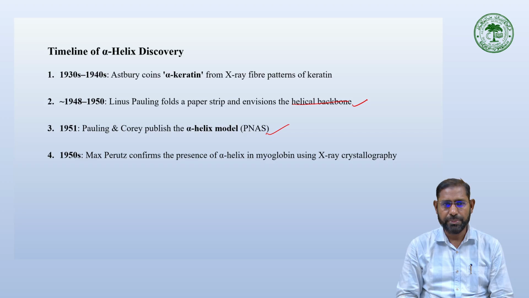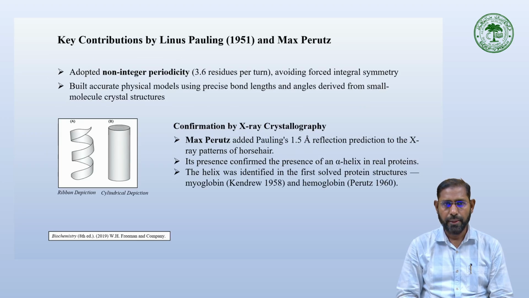Then Max Perutz confirmed the presence of the alpha helix with the help of X-ray crystallography. What is the key contribution by Linus Pauling and Max Perutz? They adopted non-integer periodicity, not 3 residues per turn, not 4.